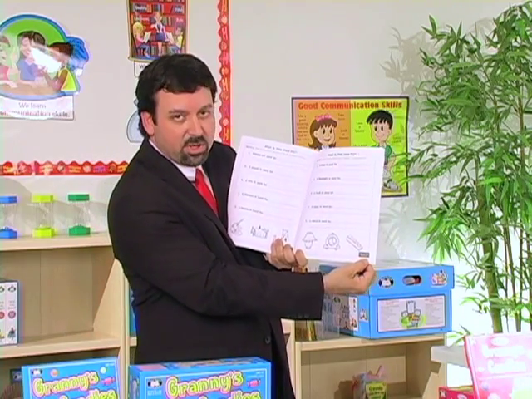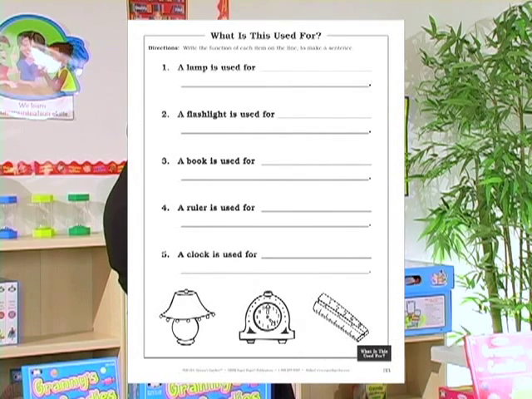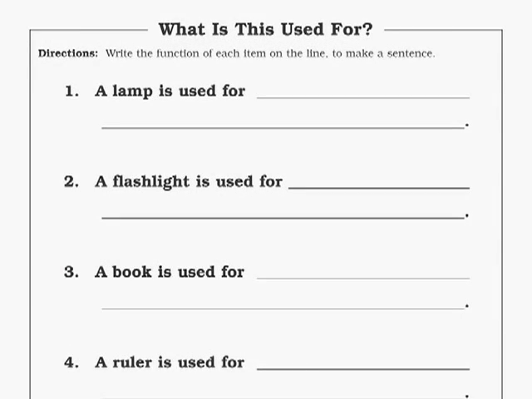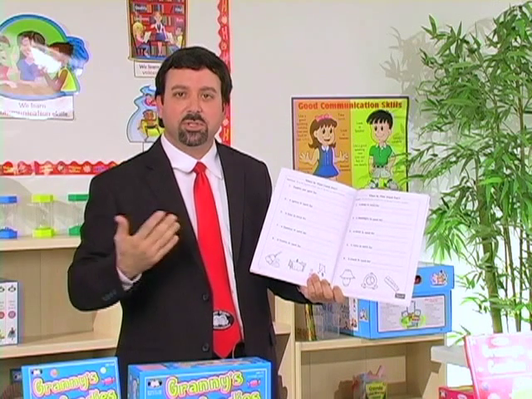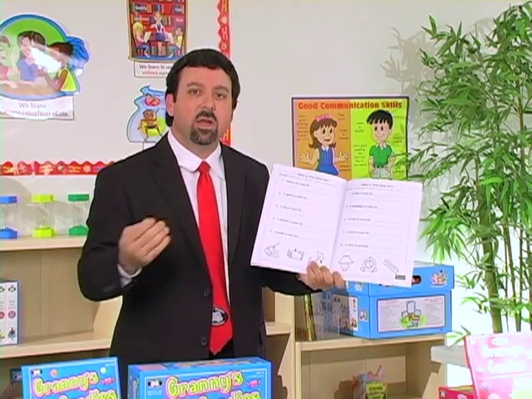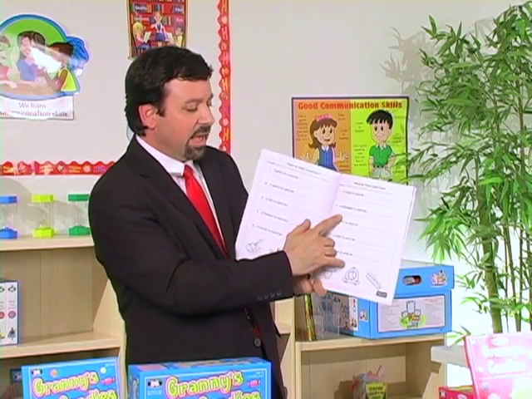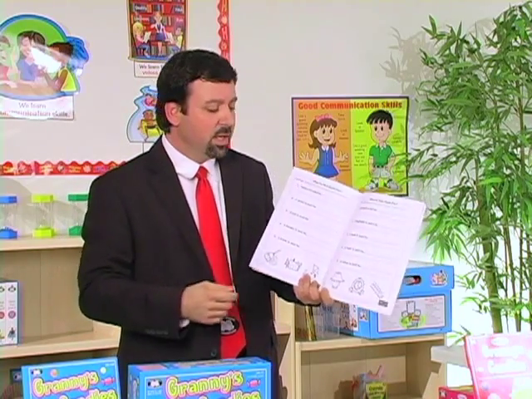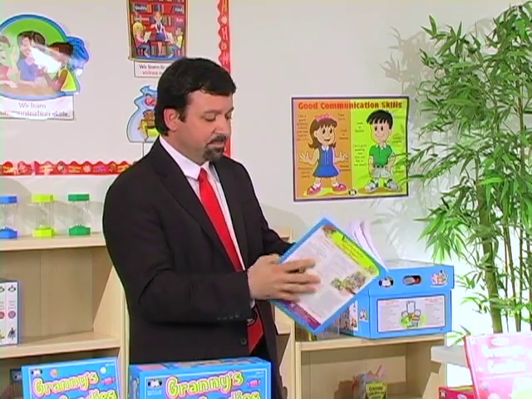This one, as we look at the reference in the bottom, is what is this used for? So we're looking at action words. What does this item do? A lamp is used for, so then we would say a lamp is used for light. If you have a dark room, we need a lamp, turn it on, it's going to give us the light. A flashlight is used for, same thing, seeing in the dark. So we do have those different activities.